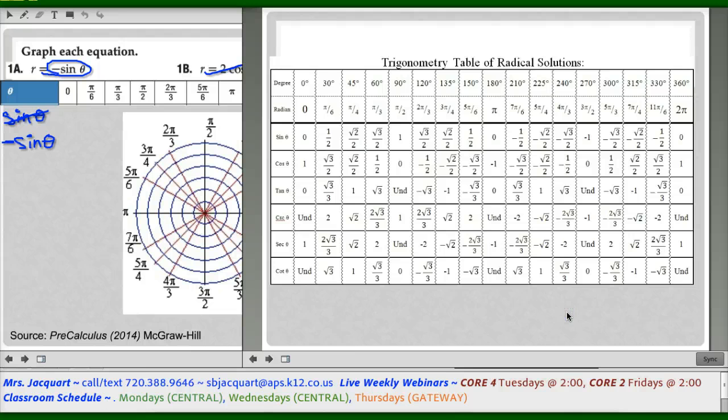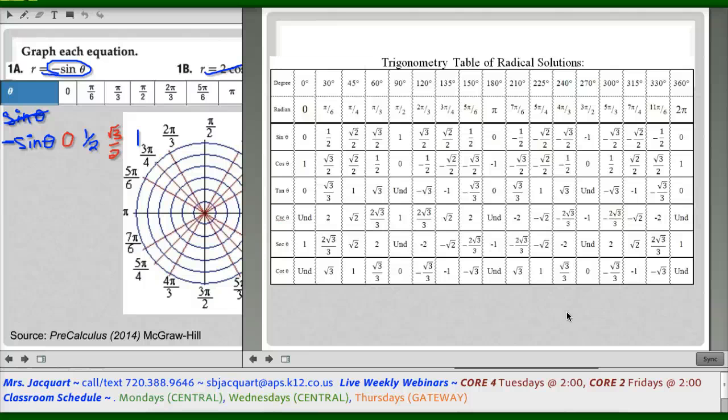The sine of 0 is 0. The sine of pi/6 is 1/2. I need to change colors. Sine of pi/3 is square root 3/2. The sine of pi/2 is 1.